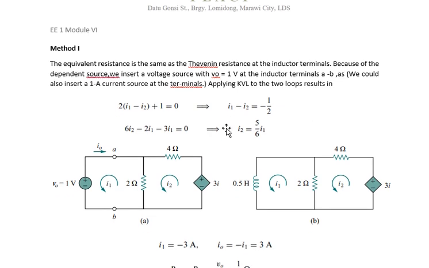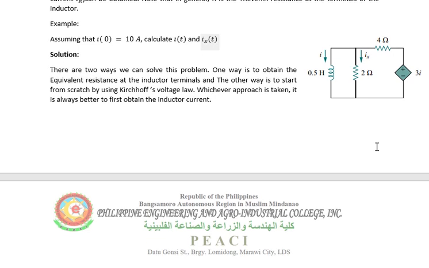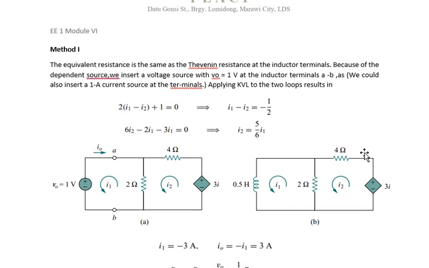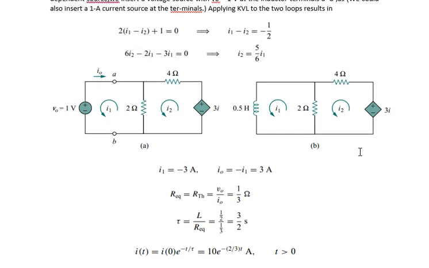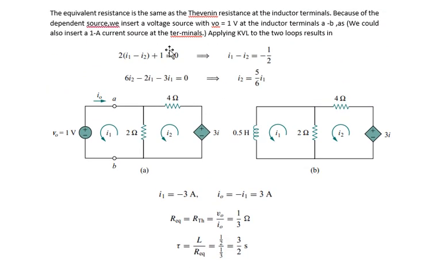Okay, so since meron tayong independent source here, we have to apply a 1 volt source here in order to find the value of equivalent resistance here. Okay, and at the same time, the Thevenin equivalent voltage at the terminal. So after that, no, we have here an equation.